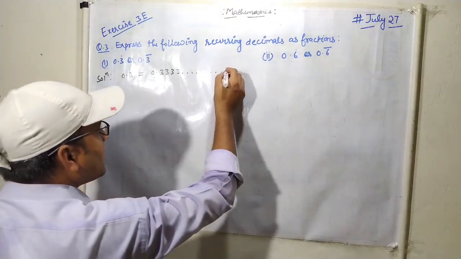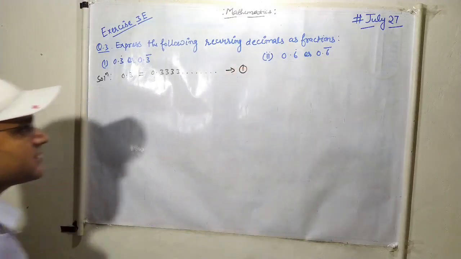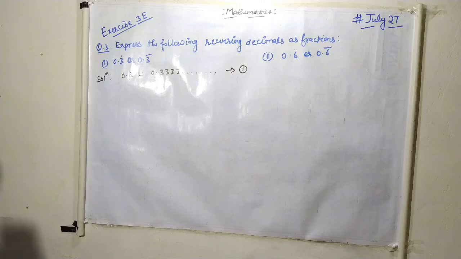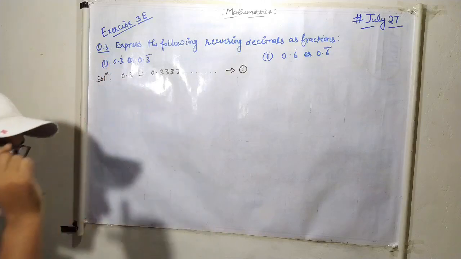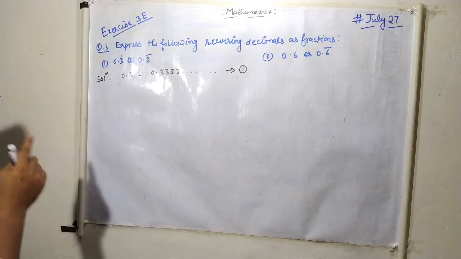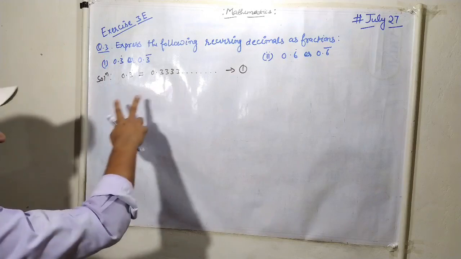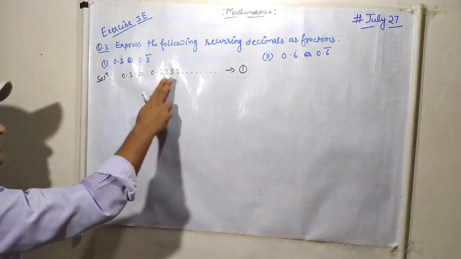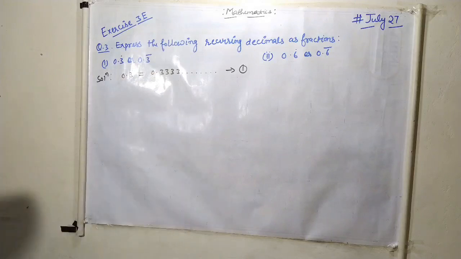So this is your equation 1. If one term is repeating in your question, you can multiply by 10 on both sides, left hand side and right hand side. Multiply by 10.